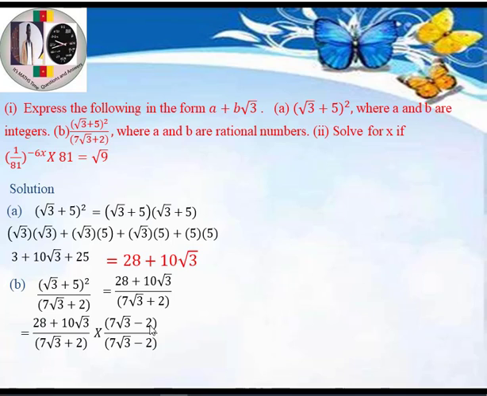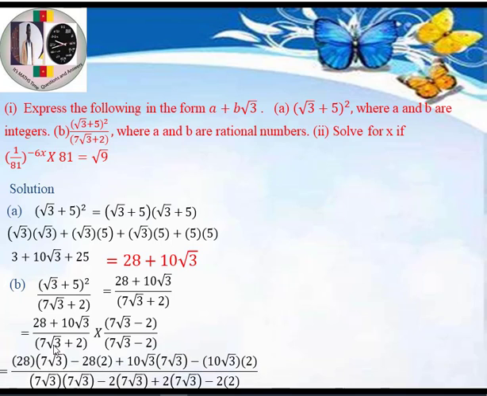So the numerator is 28 times 7 root 3 minus 28 times 2, plus 10 root 3 times 7 root 3 minus 10 root 3 times 2. And the denominator will be 7 root 3 times 7 root 3 minus 2 times 7 root 3 plus 2 times 7 root 3 minus 2 times 2.